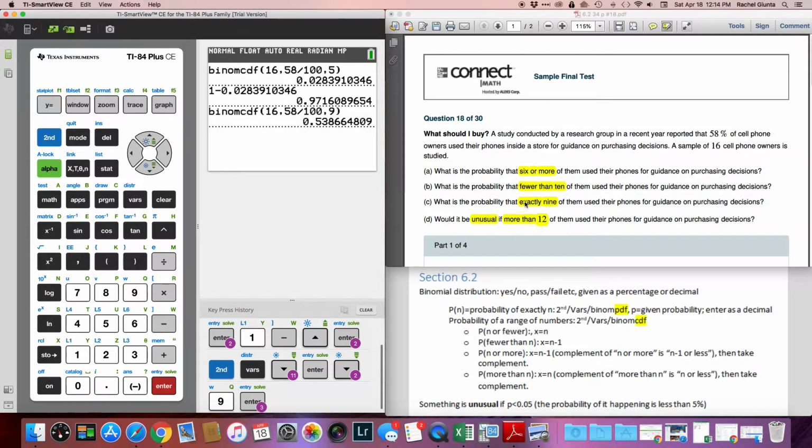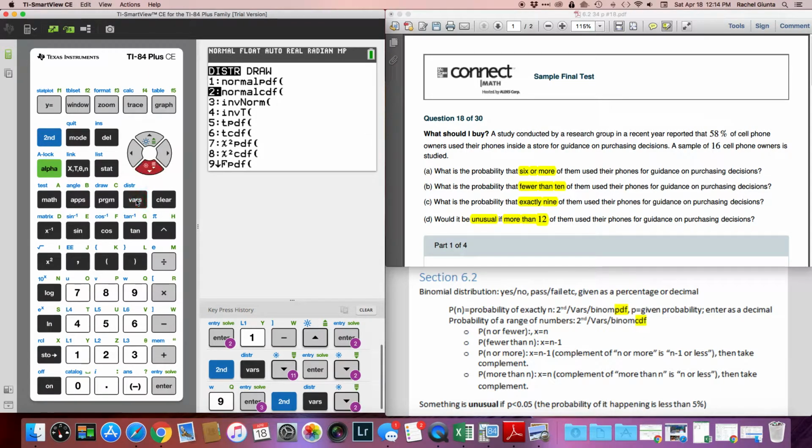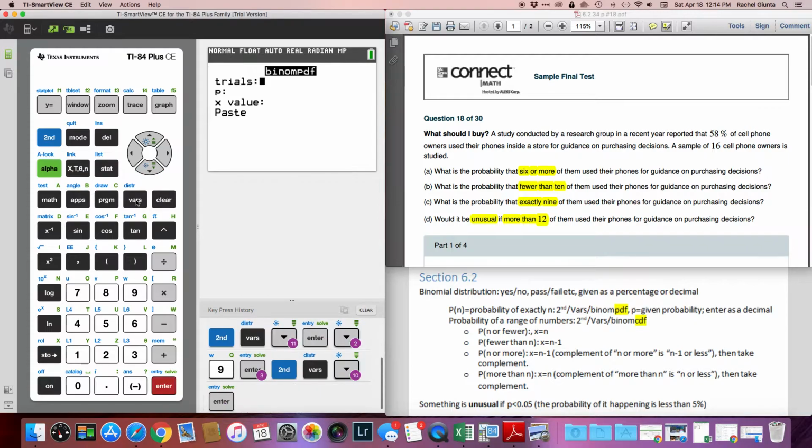Now we've got probability that exactly 9. So that's back up to this top line, exactly some number, and then we use binomial PDF rather than binomial CDF. Second var's and binomial PDF. The good thing about the exactly one is you never have to change the number. It's just the exact number that's given to you in the part.